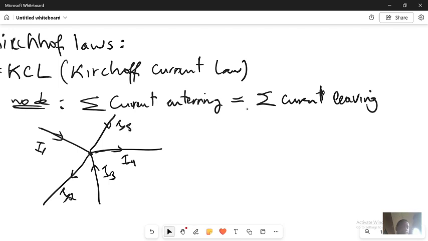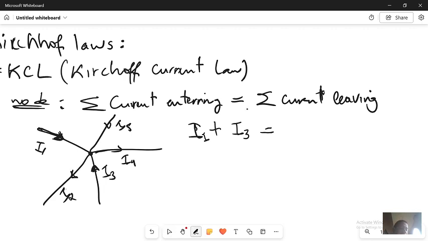I have to see, I am in this node, this current is entering, I1 is entering. Which current also is entering? If I see this current I3 is entering, meaning that the summation of currents entering, I1 plus I3, equals, there is no other current entering, the summation of the currents leaving.